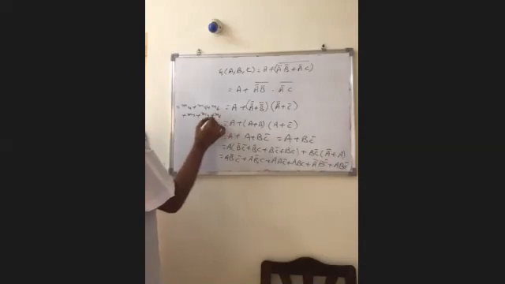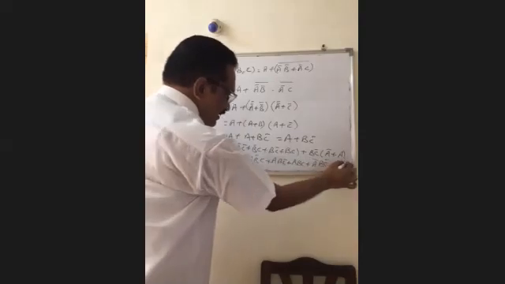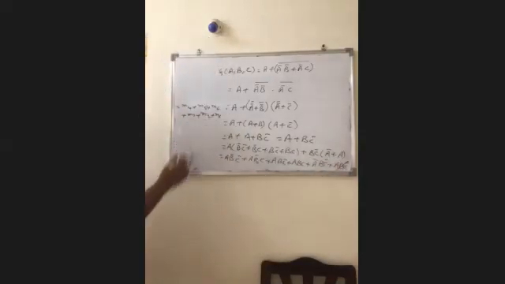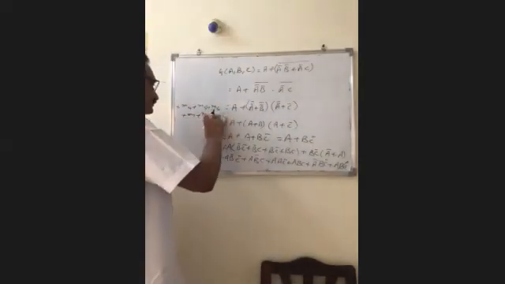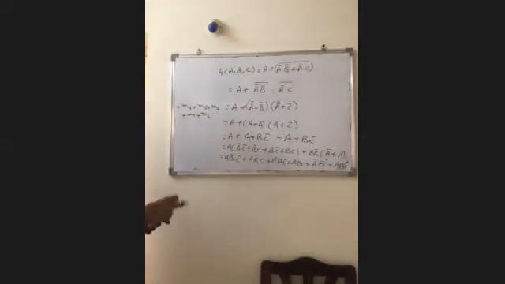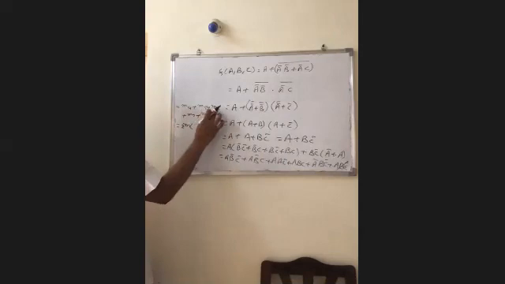So minterm 6, actually, it is a repeated term. ABC bar and ABC bar. Remove that one. Choice is yours. So write this one as sigma small m of 2, 4, 5, 6, 7.